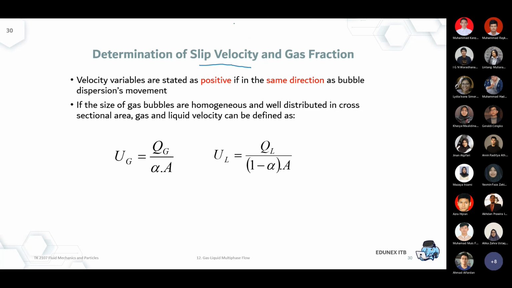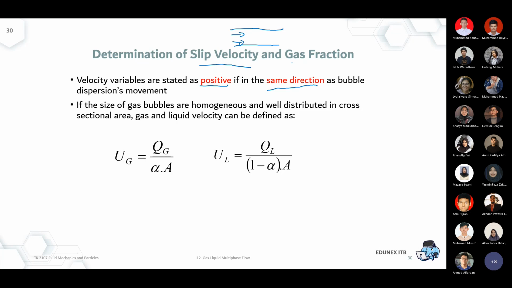Previously, if we are talking about a gas and liquid pipeline, we have a gas flowing in this example, let's say, to the right direction. If it flows in the same direction, the velocity variable is treated as positive.